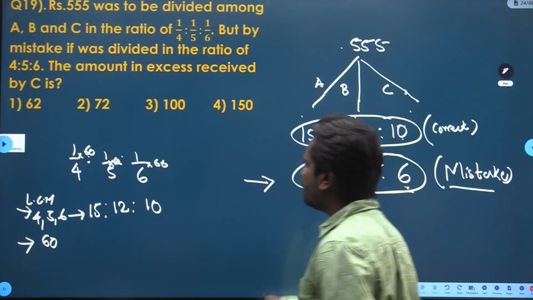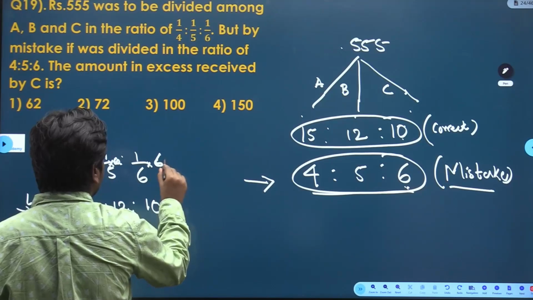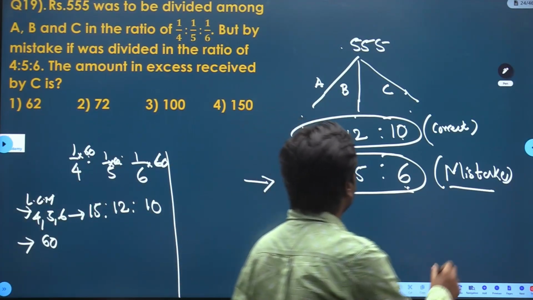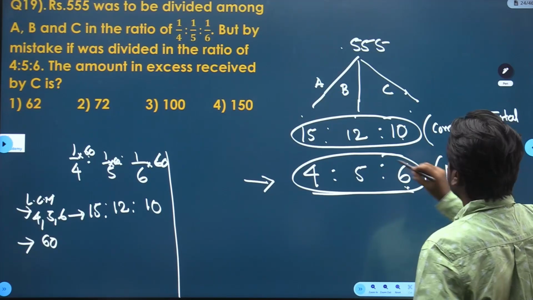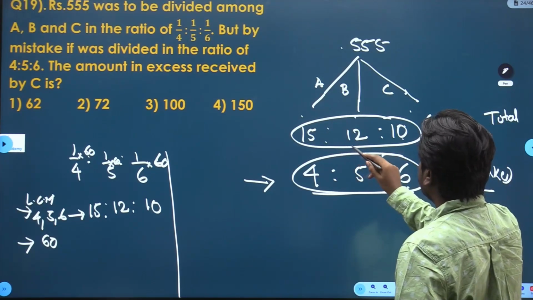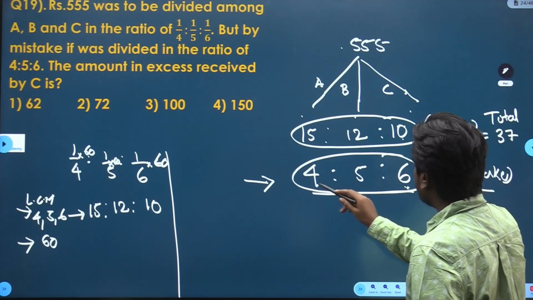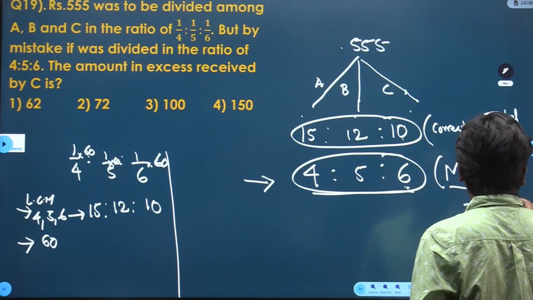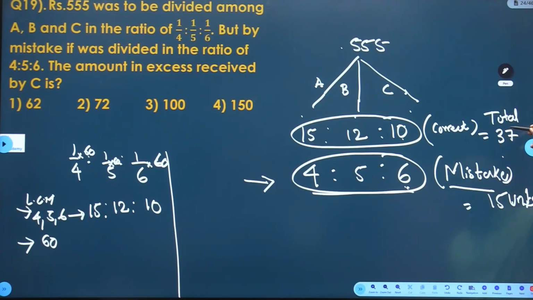Here what you have to do is simply, what is the summation? Total units 37. Here what is the summation? 15 units. You make this total equal.